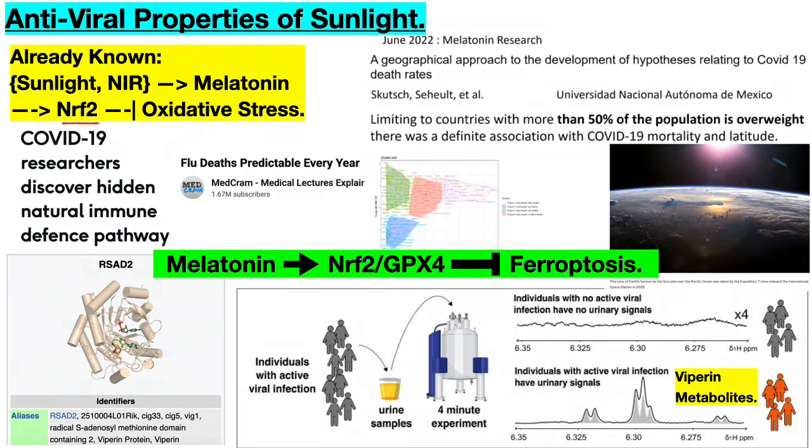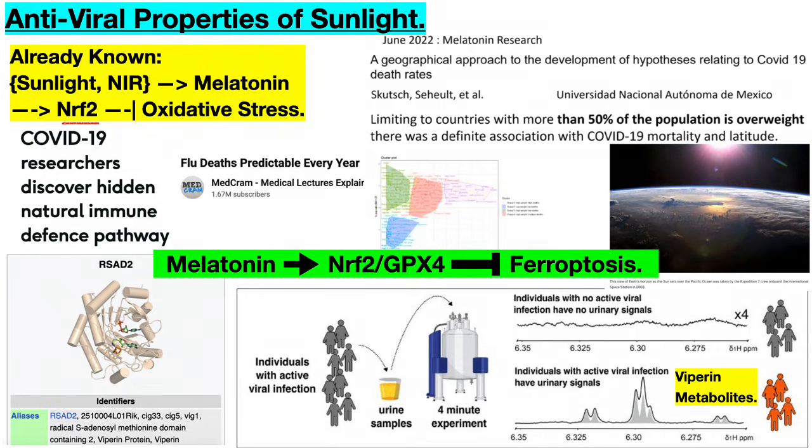So stimulating melatonin with near-infrared light is a therapeutic approach to treating tissues that have been impacted by viruses in particular. In concluding this YouTube, I would like to read from one last slide from the MedCram YouTube, Flu Deaths Predictable Every Year.